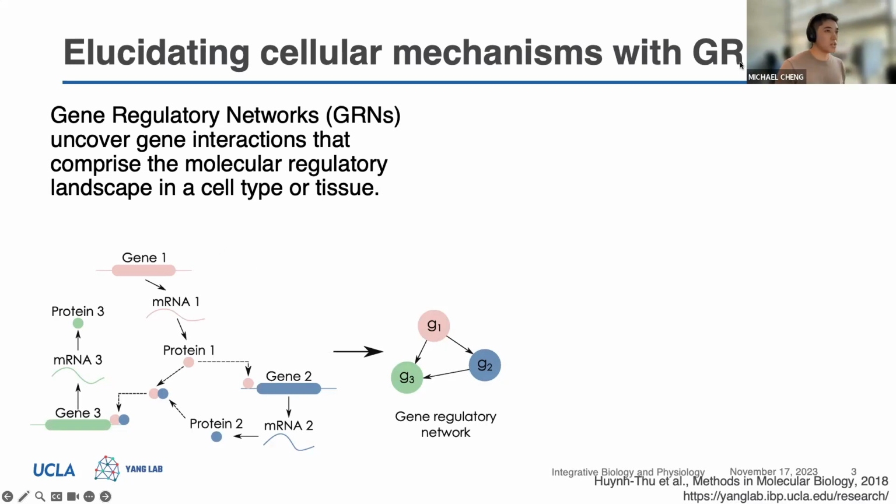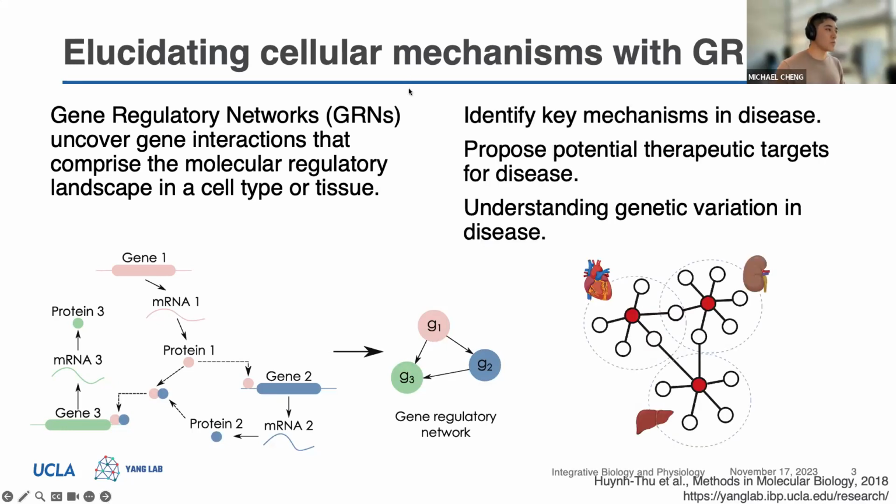Most of these GRN methods that have been created are optimized for bulk RNA sequencing or single cell RNA sequencing, though some methods are now integrating other omics types like single cell ATAC sequencing for chromatin accessibility and enhancer regions, as well as spatial transcriptomics to understand how regulation differs across the tissue.